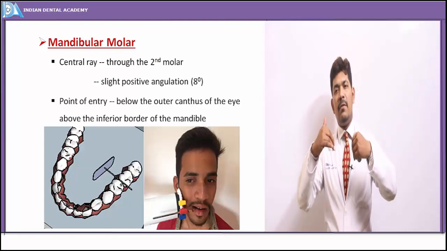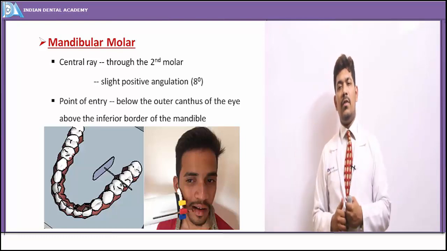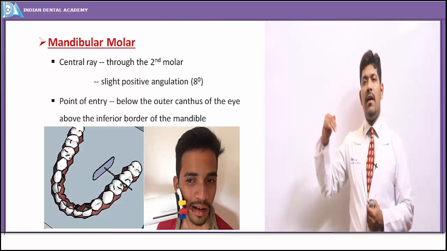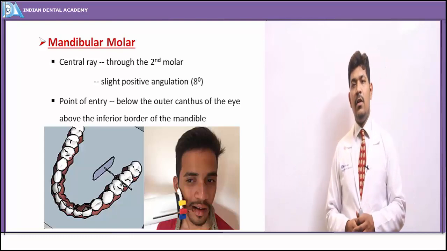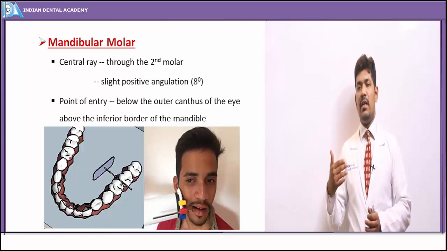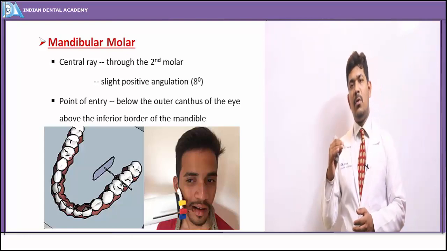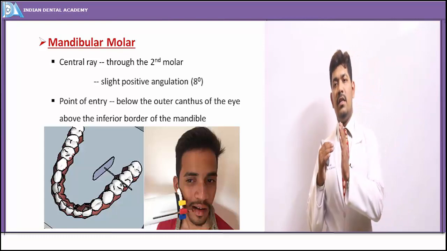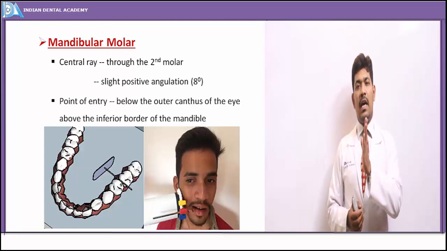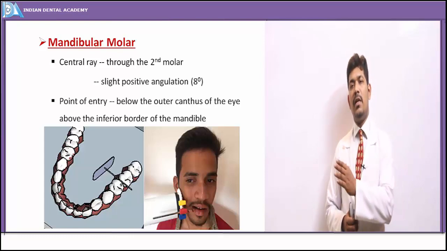So to compensate for that particular arc, a slight positive angulation of 8 degrees is given, so that this X-ray beam hits at right angles. Now if we give it at a 0 degree angulation, there will be a slight discrepancy between the central X-ray beam and the buccal surfaces of the molars, which will give rise to a geometric distortion.